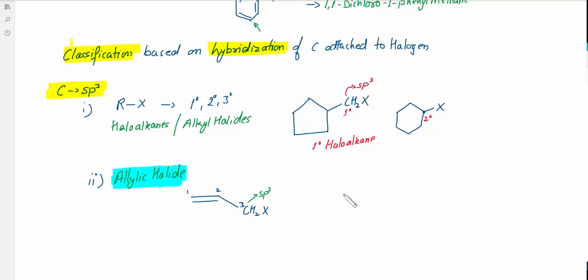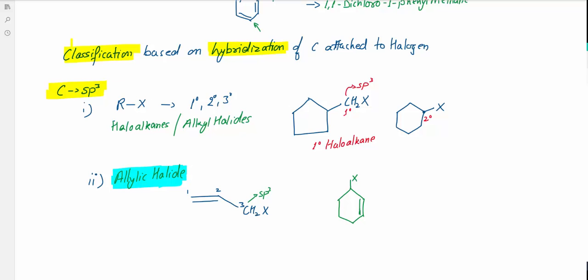And there will be multiple. You have to just identify this pattern, the definition, that there is a double bond between two carbons, and the next carbon, for example this, is connected to a halogen, right?